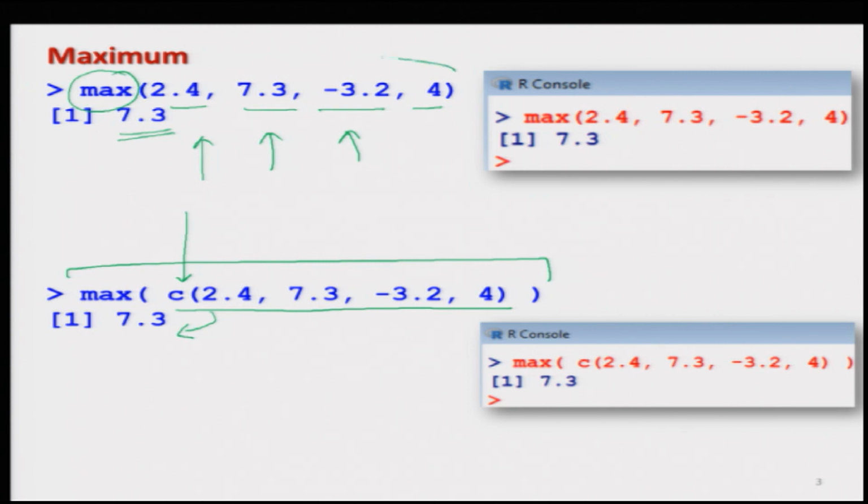And in the first case, where I am not using C, I still get the correct value 7.3. So that is the point where I would like to have your attention.